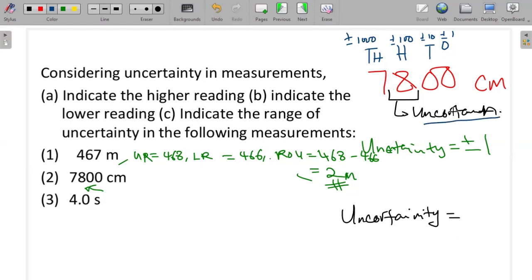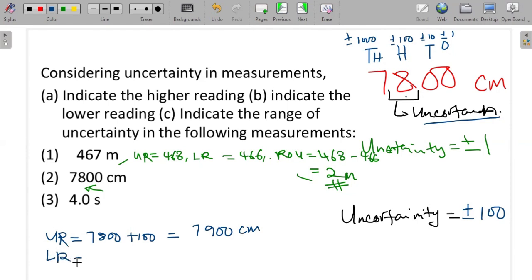The uncertain digit, which is 8, is under what? Hundreds here. So the uncertainty will be plus or minus 100, because this one is in the hundreds. Now we can get the upper reading by saying 7800 plus 100, which gives 7900 centimeters.